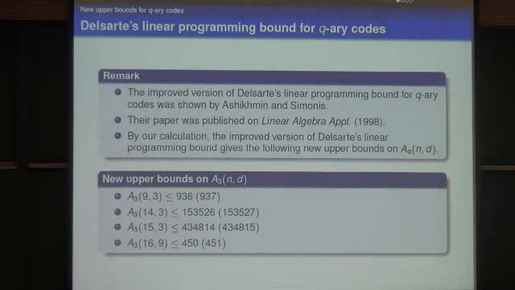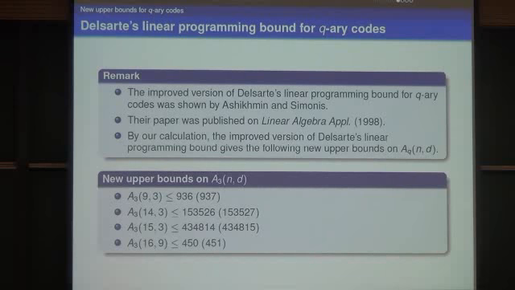Later we realized that the improved version was proved by Ashikhmin and Simonis in 1998. But there, they didn't give any calculation, and we used the improvement to the linear programming bound, and we get some new upper bounds on A_N over Z_q.